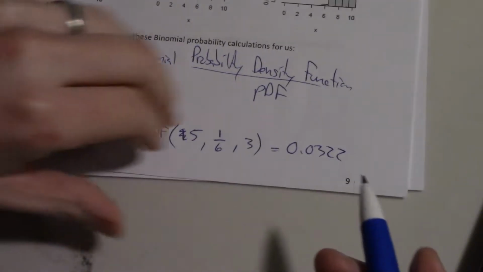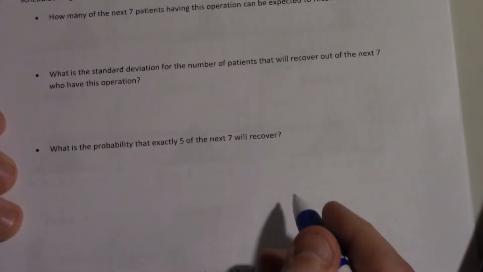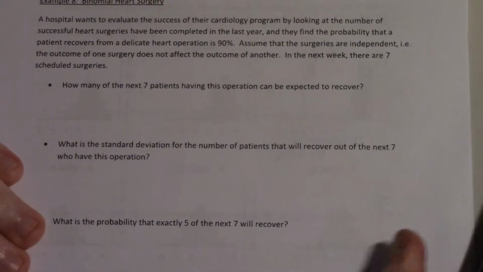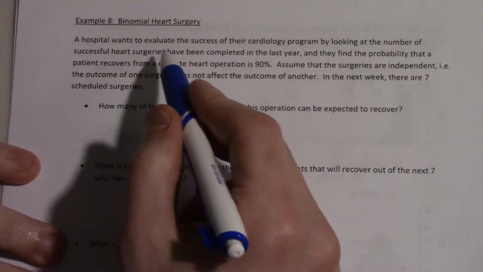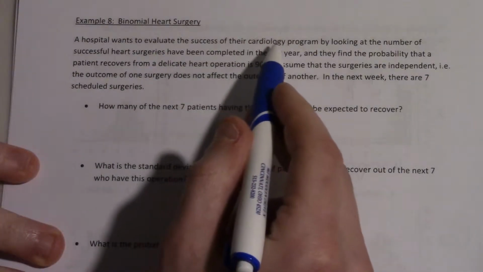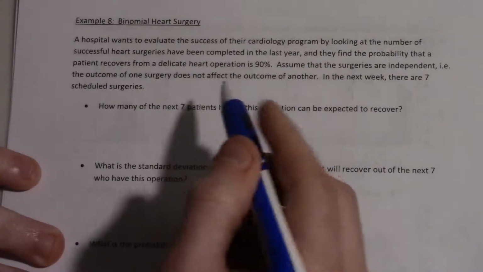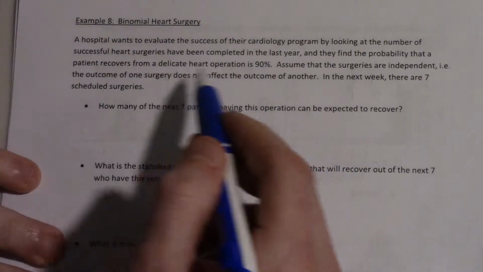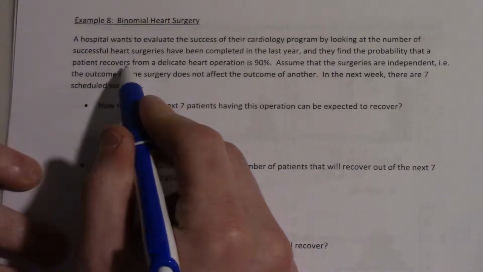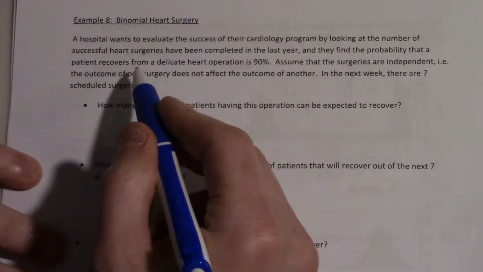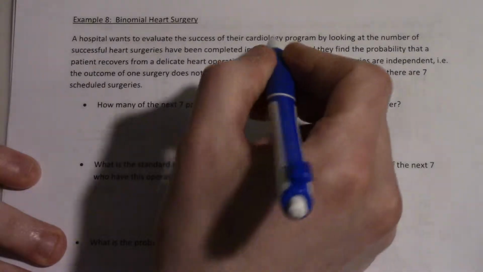So let's do an example of the binomial. Okay, so a hospital wants to evaluate the success of their cardiology program by looking at the number of successful heart surgeries. And what they find is that the probability that a patient recovers, so that sounds like a success, is 90%.